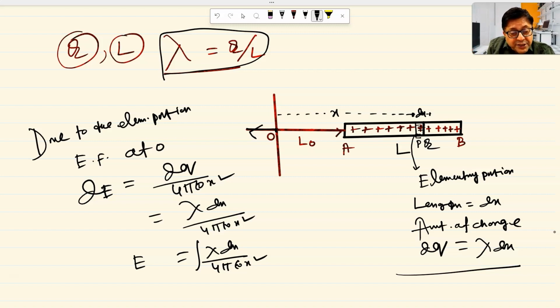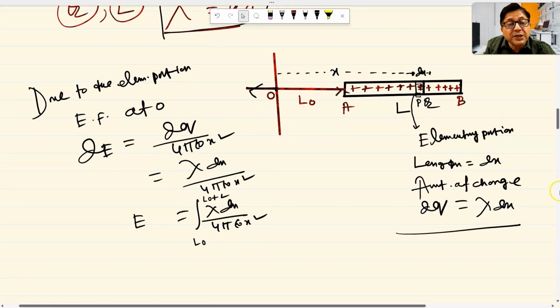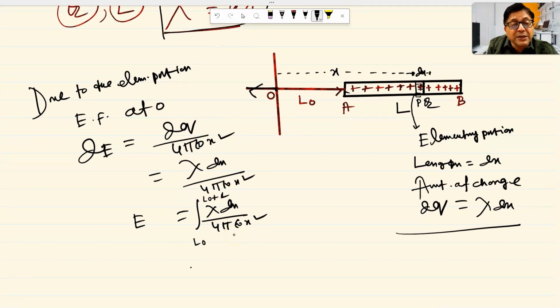What are the limits of integration? At this point x is L0. At the end here, it will be L0 plus L. So integrate over this length from L0 to L0 plus L. Keep lambda by 4 pi epsilon 0 outside. The integral is from L0 to L0 plus L of x to the power minus 2 dx.